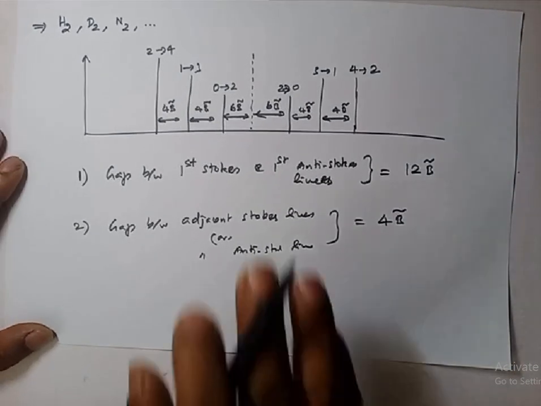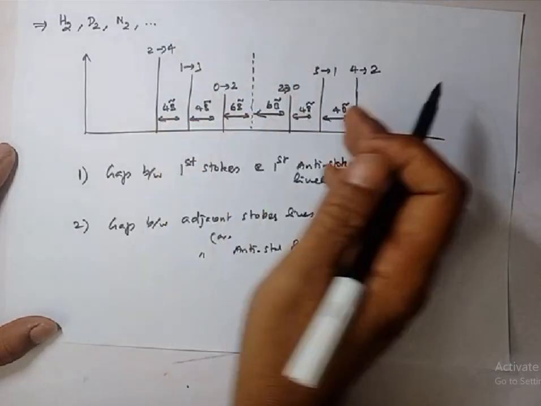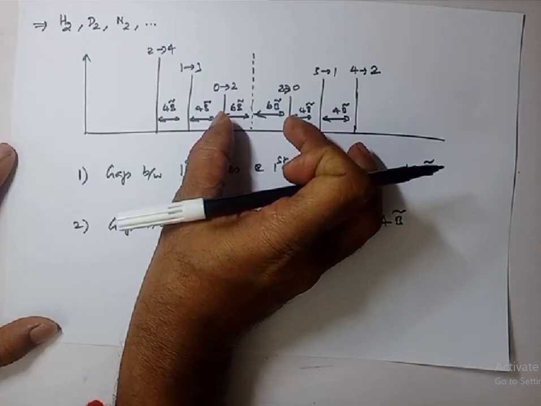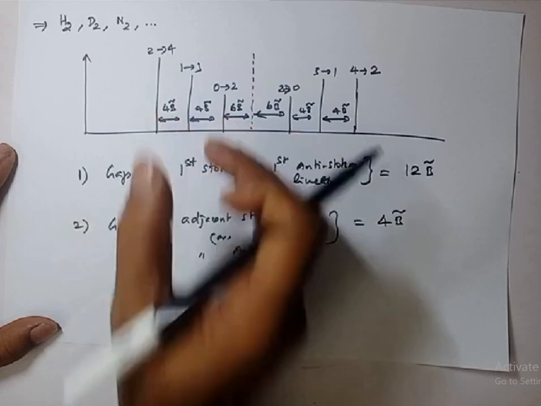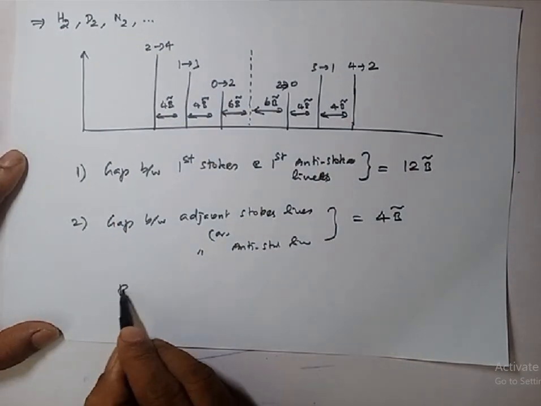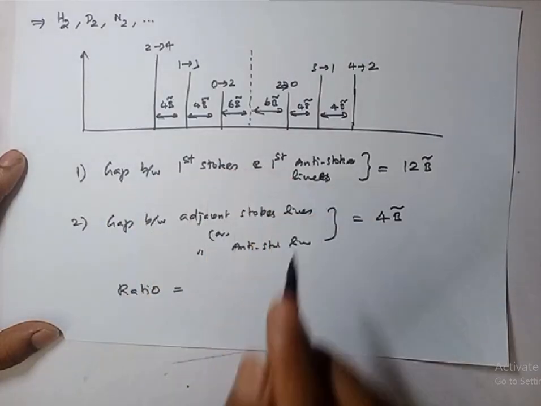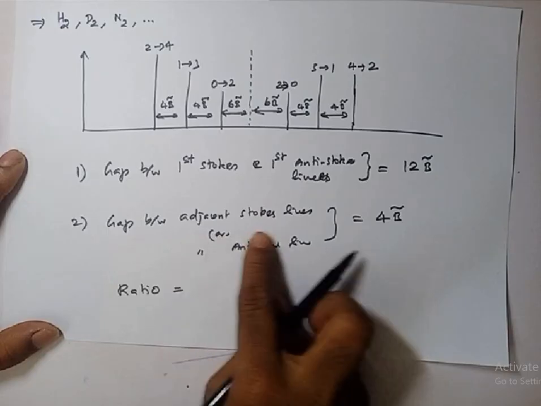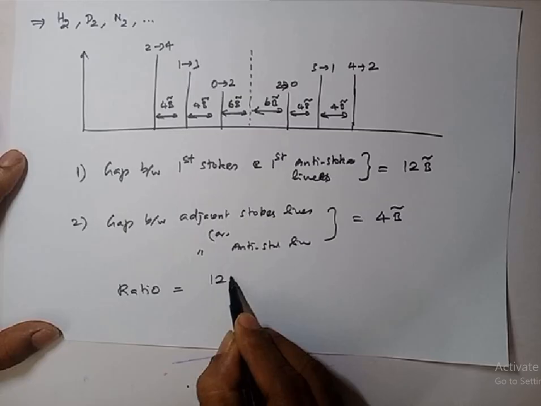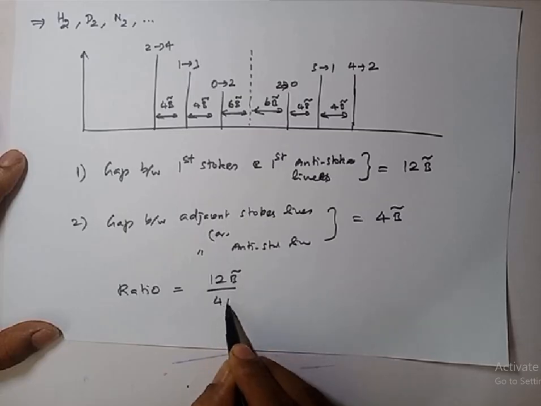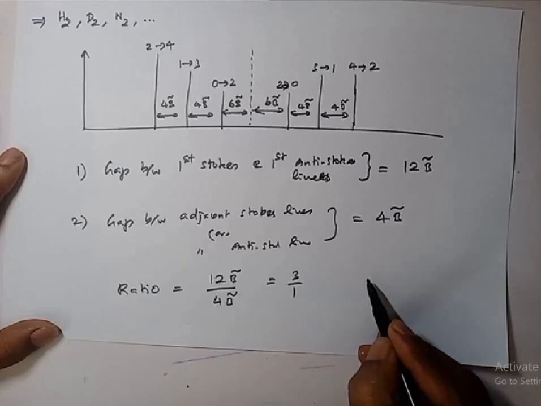Now, listen, experimentally I can find the distance between the first Stokes and first anti-Stokes, and I can measure the distance between adjacent Stokes lines. Tell me the ratio of the first Stokes to first anti-Stokes gap and the gap between adjacent Stokes lines. This is 12B divided by 4B, so the ratio is 3:1.